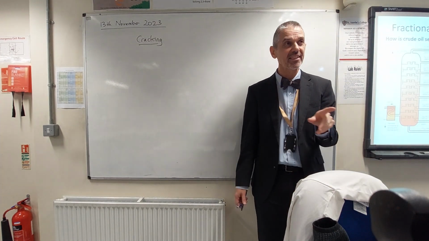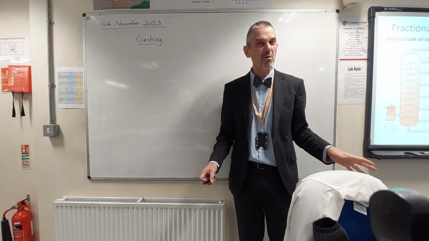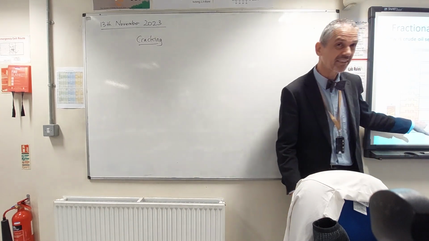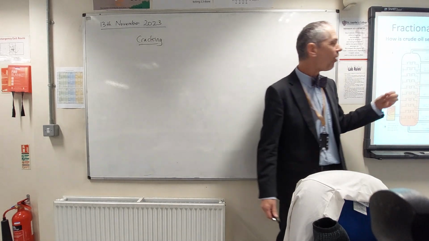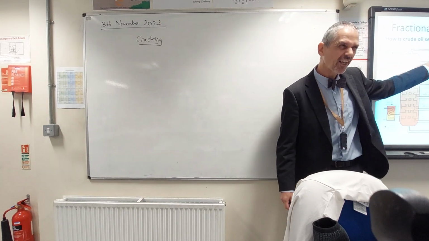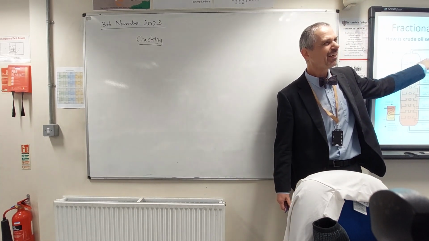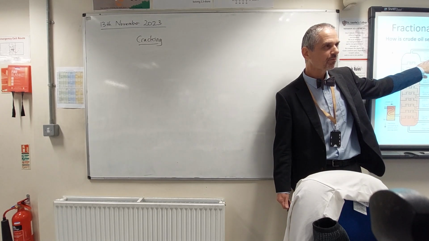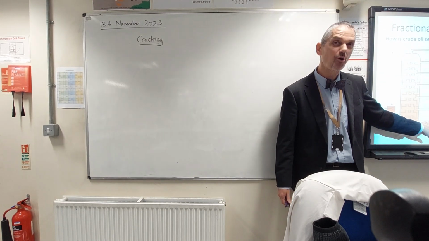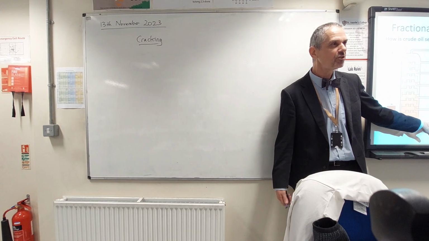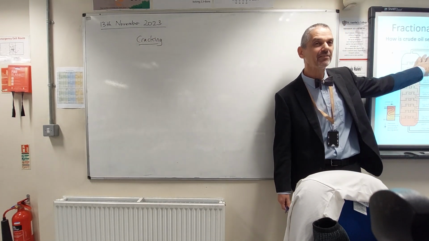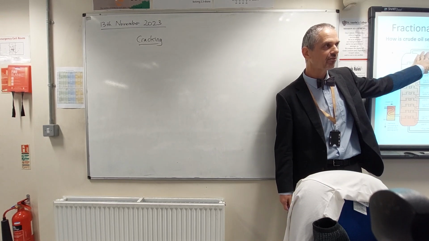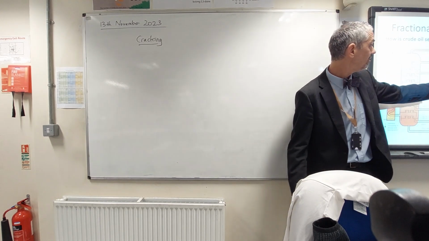The problem with separating crude oil into fractions is that the amount of petrol we get, the light fractions up here, is actually quite small, whereas the amount of heavy oil is quite a lot. Most of crude oil is the heavier fractions, and hardly any is the lighter stuff. And what do we need the most?